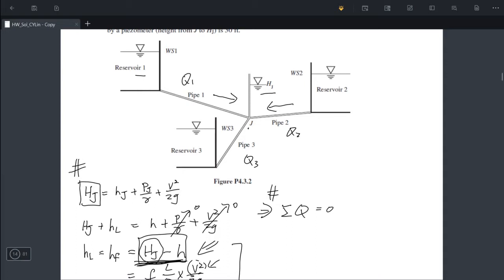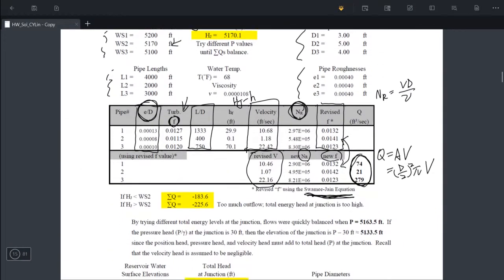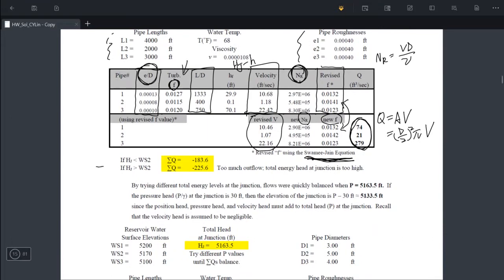And for pipeline 3, the water will flow to reservoir 3. But if this HJ is higher than the total energy at reservoir 2, the flow direction at pipe 2 will be opposite. And we need to consider both of the situations, as I show here.